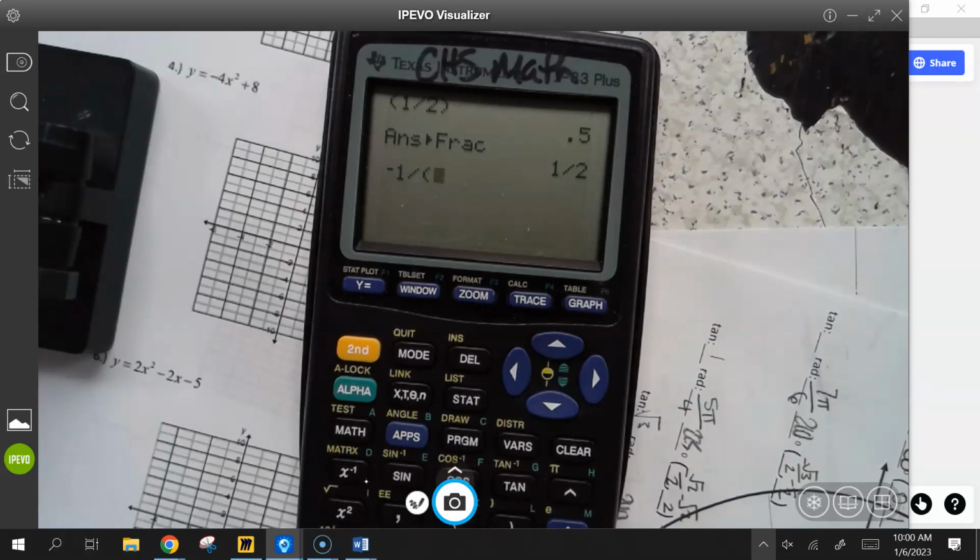So divided by parentheses 1 divided by 2, and hit enter. Y'all okay? So even if you get confused on multiplying by the reciprocal, your calculator will do it all for you. And if you get a decimal, it'll also put it back into a fraction for you. Okay, let's finish this problem.